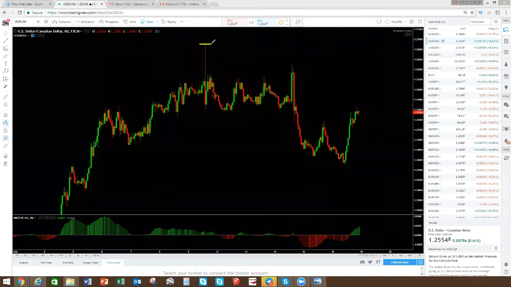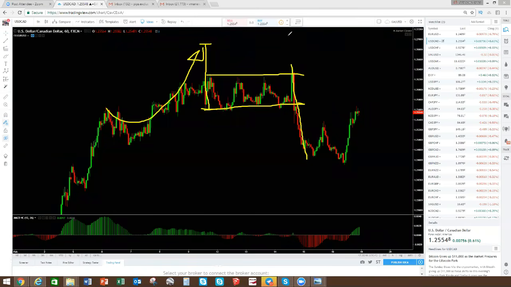I said you got this move here, which was the end of your impulse. From here, we reversed and made the impulsive move down. When you make an impulsive move down, you need to get a correction. This was your correction. After the correction, you expect to get an impulse. That's how this played out, because every price move matters.